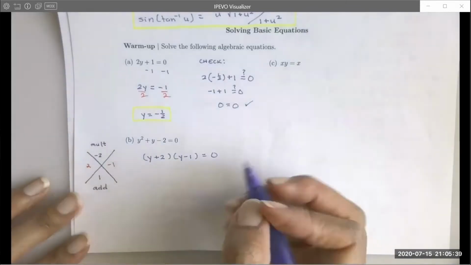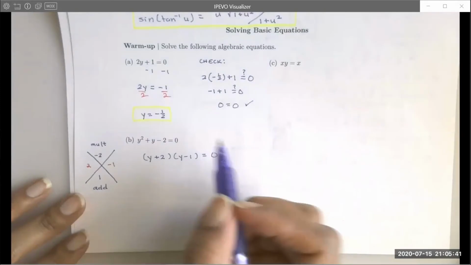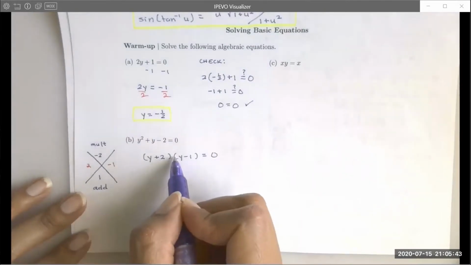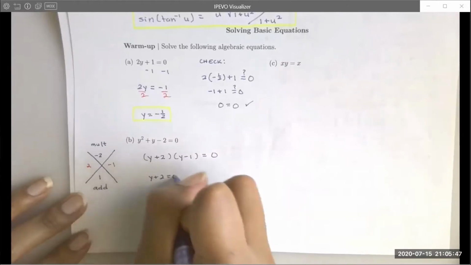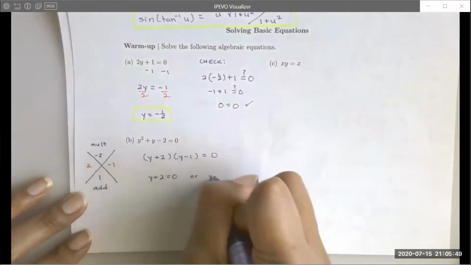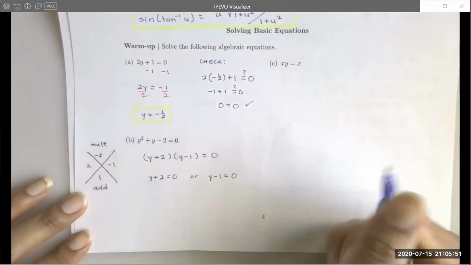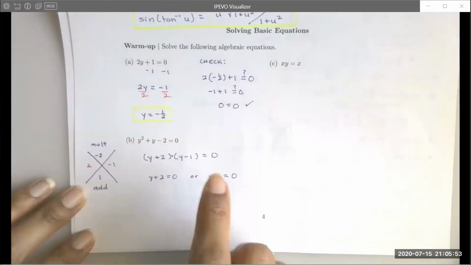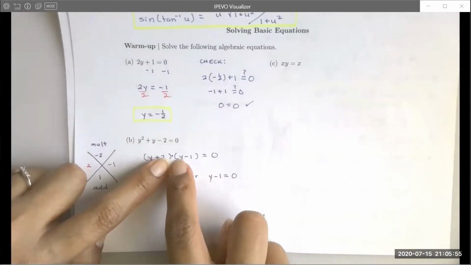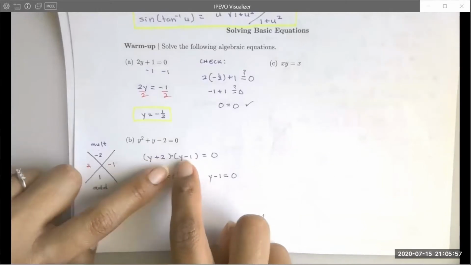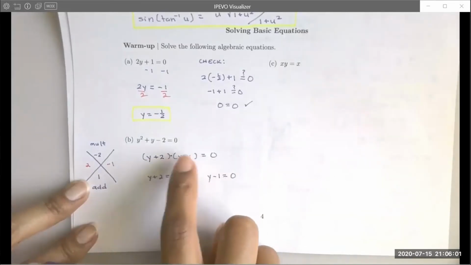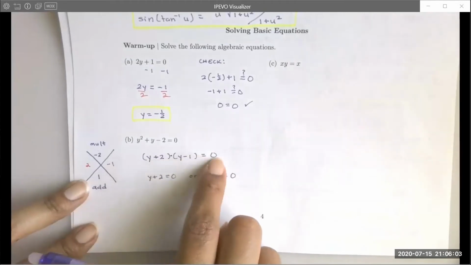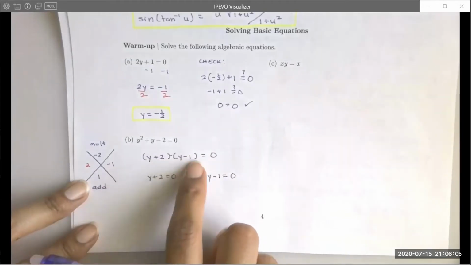We factored correctly. Okay, then from there, we would set y plus 2 equals 0 or y minus 1 equals 0. The reason why is because this is saying if you take these two numbers and multiply them together, it gives you 0. The only way that the product of two numbers can be 0 is if at least one of them is 0, right?